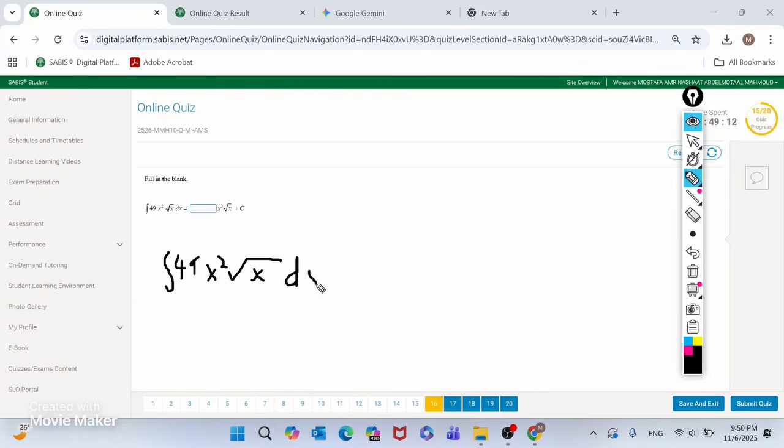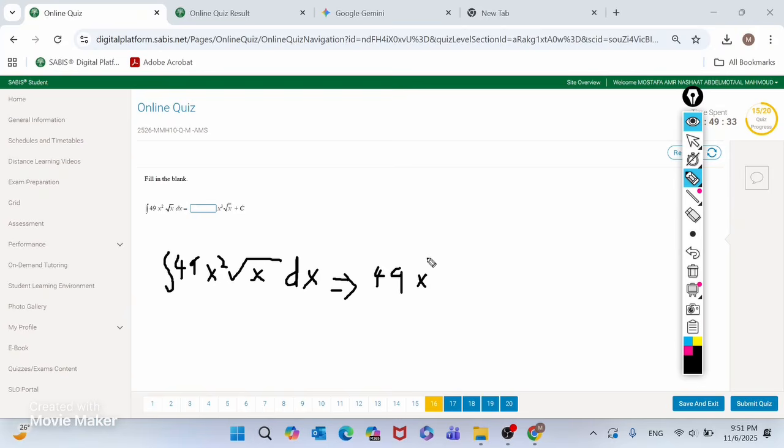Okay guys, so let's simplify it. It's gonna give you 49 x to the power of 2 plus 1 over 2, because you're gonna add these up.